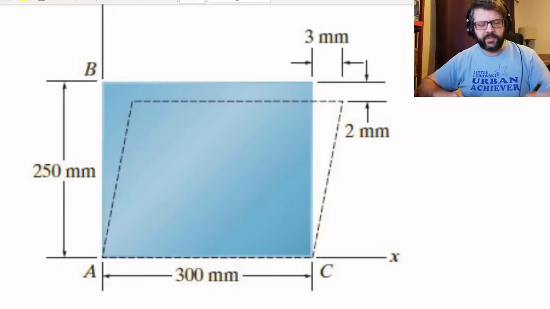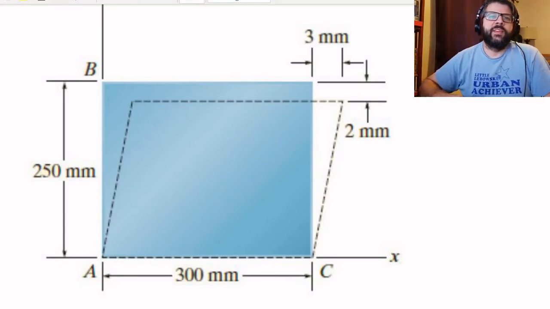So one thing I would like to note is that anytime we're dealing with this, we're assuming that the distortion that actually occurs is relatively small. So we're able to make the small angle approximation.